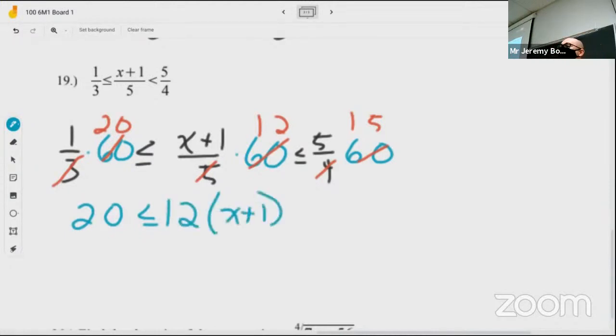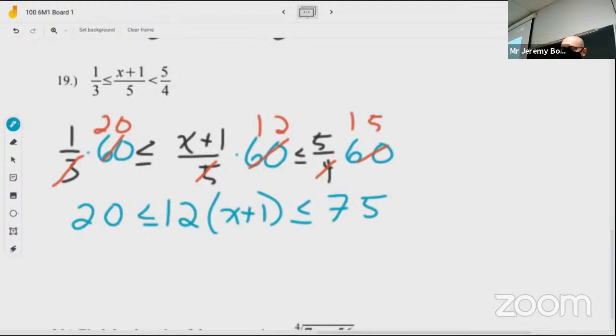Notice that we're multiplying by a positive number, so we don't have to switch the inequalities, right? Kind of brushed over that, but just to make sure we understand. And 5 times 15 is what? 75. And so this is the inequality we end up with after getting rid of the fractions.